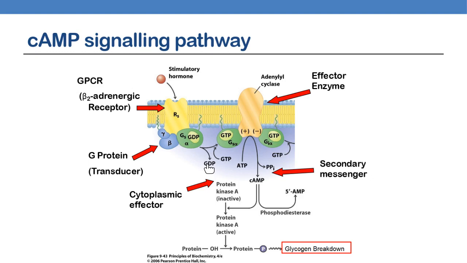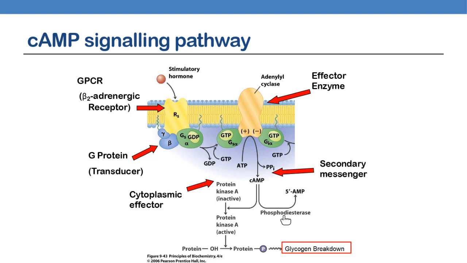So we're going to get the release of that GDP, and then the binding of our GTP, which is going to activate that alpha G protein. Our effector enzyme, which is going to be activated by our alpha G protein, is going to be adenylyl cyclase, which is going to produce our cyclic AMP. So this is sometimes referred to as our secondary messenger.